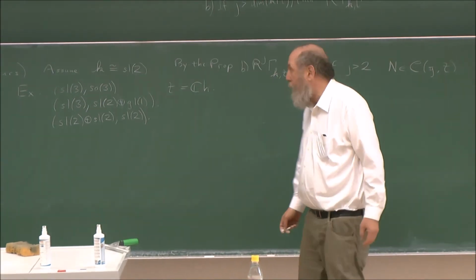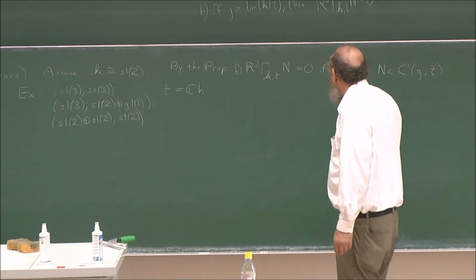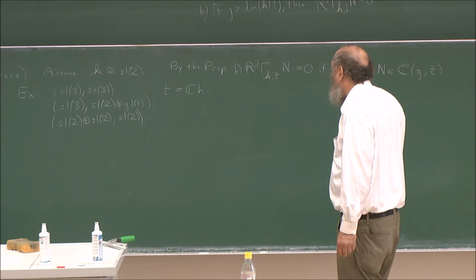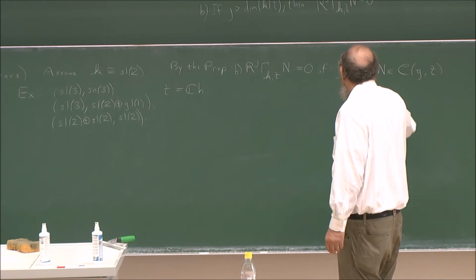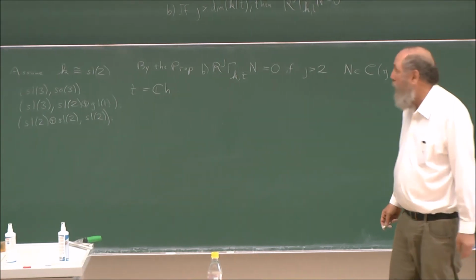So we can think of it as generated by a single semi-simple element in G. And so in fact, I don't have to make any further assumption on M here.